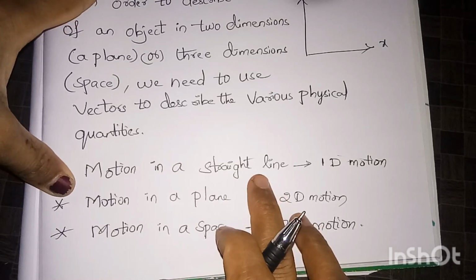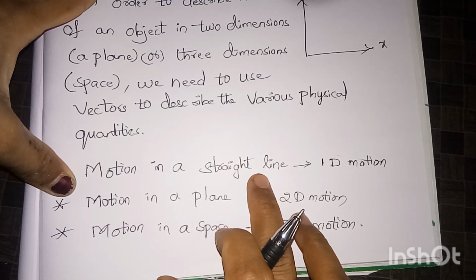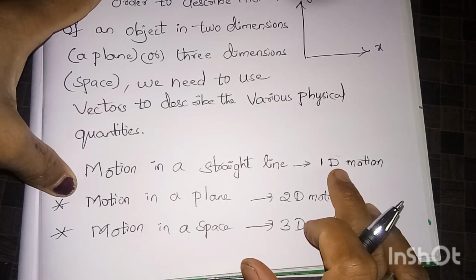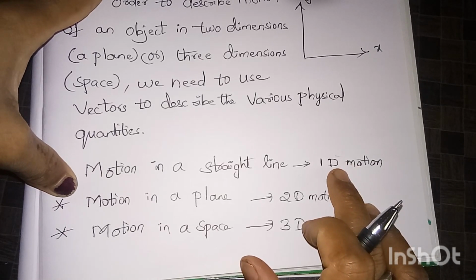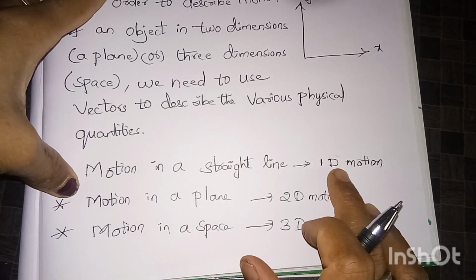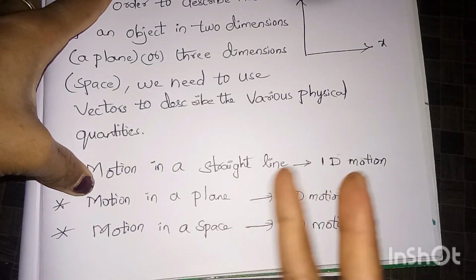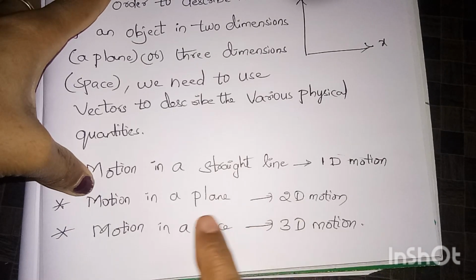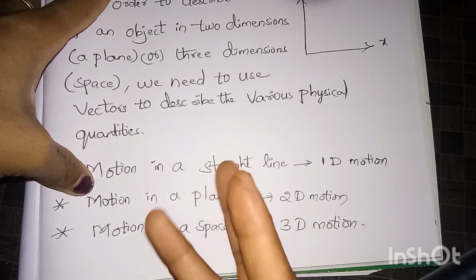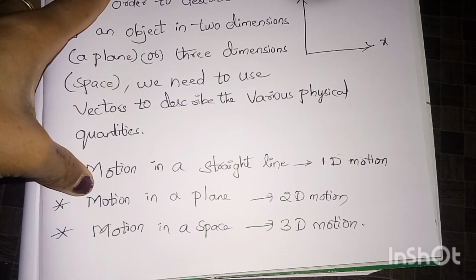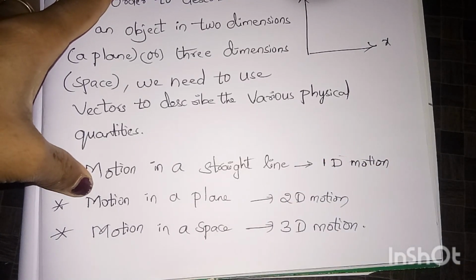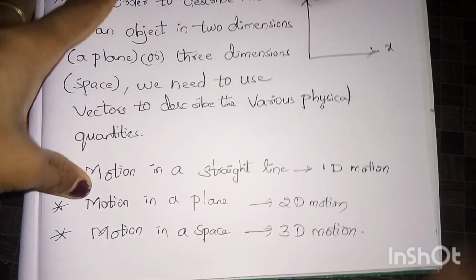If an object is moving in a straight line, it is one dimensional motion. D represents dimensional. If an object is moving in a plane, that is in two directions, it is two dimensional motion. If an object is moving in three directions, that is x, y, z, the object is moving in space.